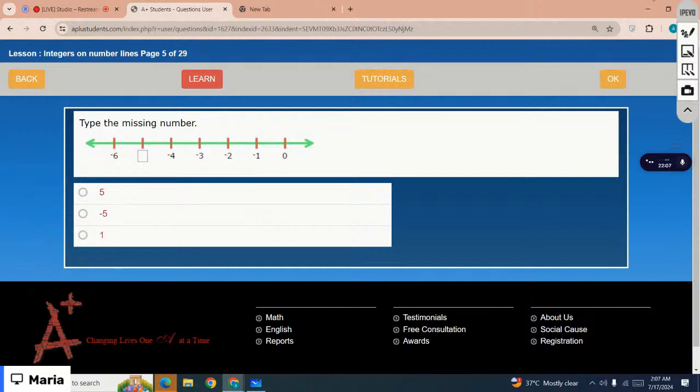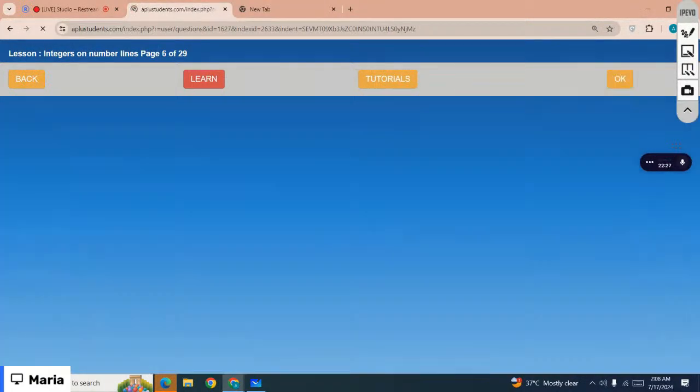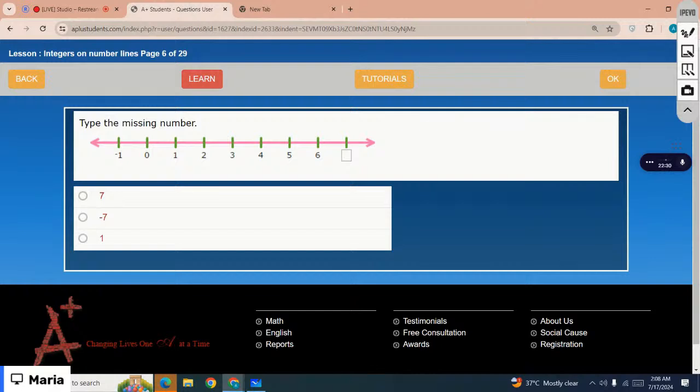Type the missing number. So which number is missing? Yes, -5. Option number 2 is the correct option. Type the missing number.